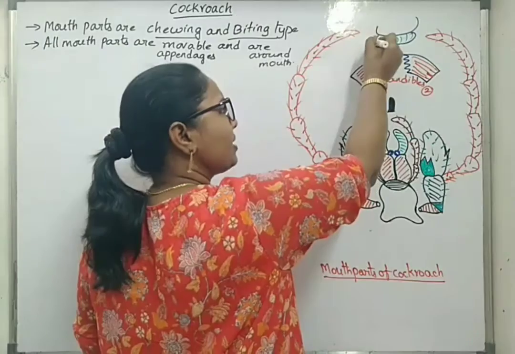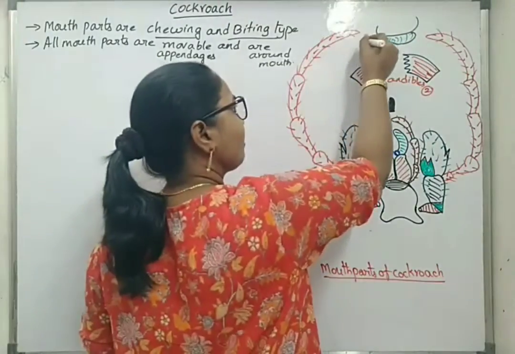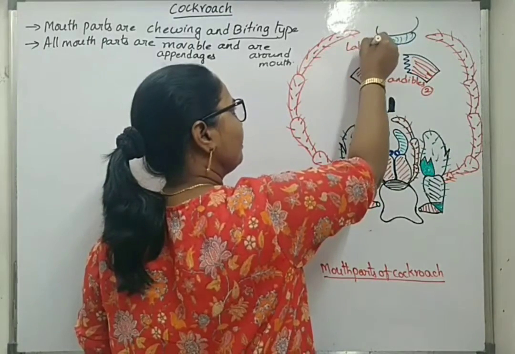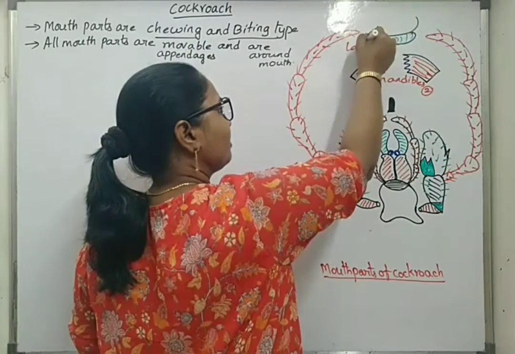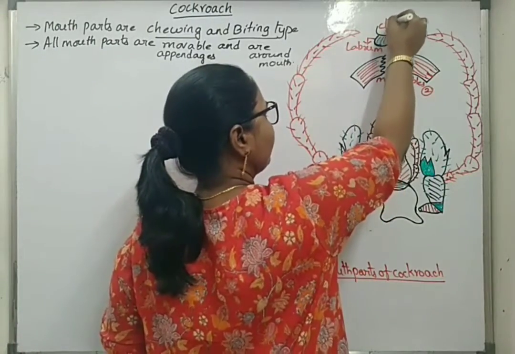Next, it has one labrum. Labrum is also called upper lip. This is labrum. Labrum is attached to clypeus.